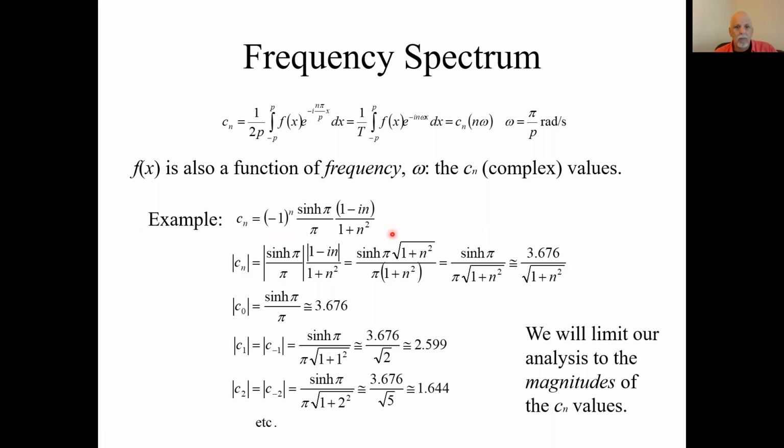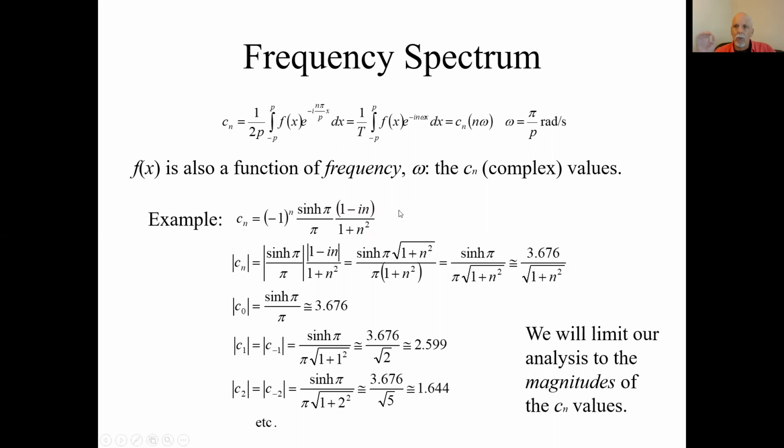The magnitude of this whole thing, I can take the magnitudes of each factor individually. The factors mean things that either multiply or divide. So the magnitude of this whole thing will be the magnitude of -1 to the n times the magnitude of sinh pi divided by the magnitude of pi, times the magnitude of this complex number up here divided by the magnitude of this number, 1 plus n squared.